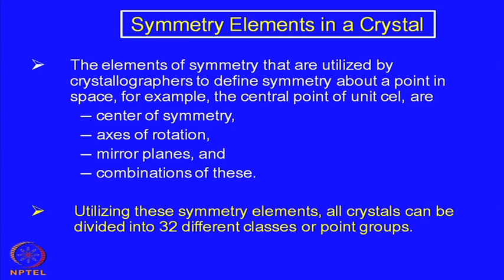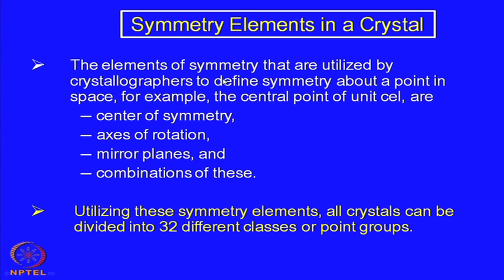We have discussed briefly, while we were discussing the crystal structures, the symmetry elements in a crystal. There are various symmetry elements, in fact there are different point groups, and these symmetries come from group theory. We have not discussed the elements of symmetry in great detail, but one can remember a few points.